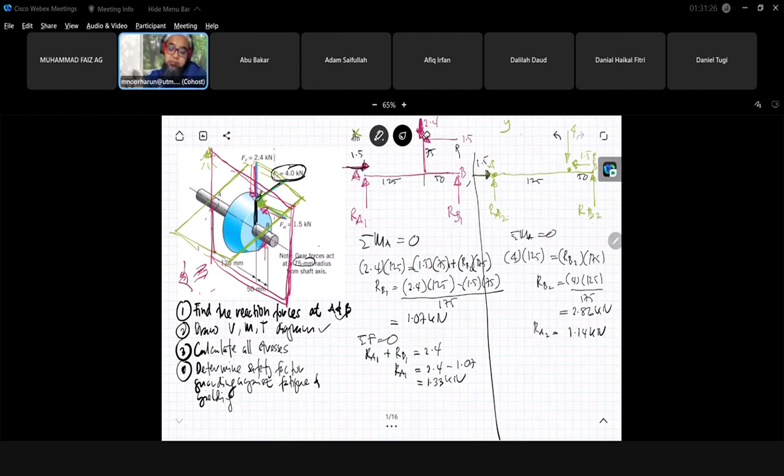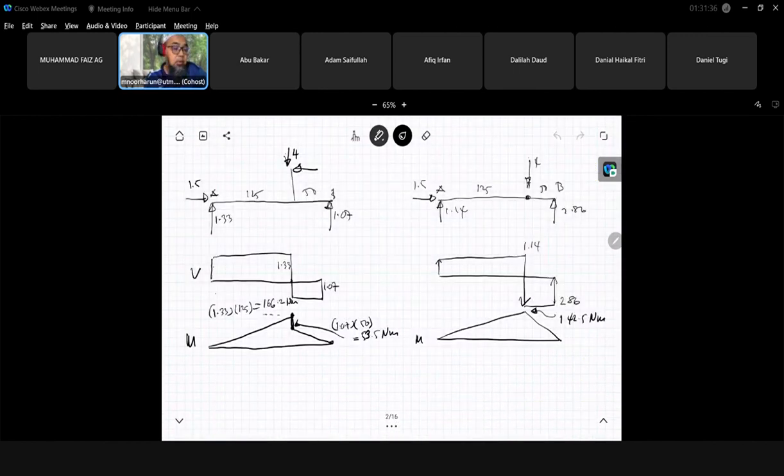Kan? Torque yang ada, you ada 4 kilonewton times the radius. So just have torque here. This one. So this torque is 4 kilonewton, radius is 0.075. So you get 300 Newton meter. Stop.